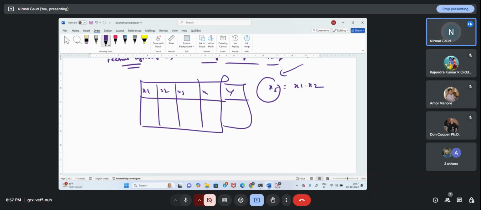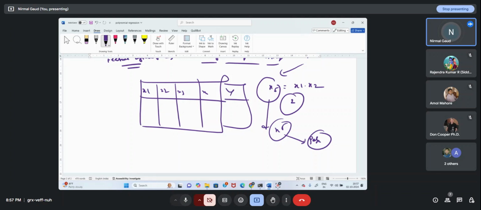Since it is a product, the degree present in x5 is of degree 2. And if I take this x5 into my regression analysis, obviously it follows polynomial, not linear. That's what it was saying.